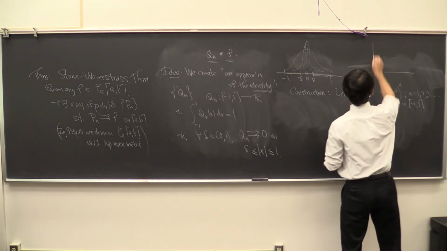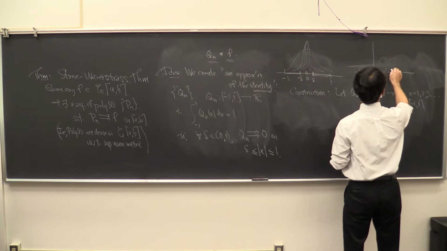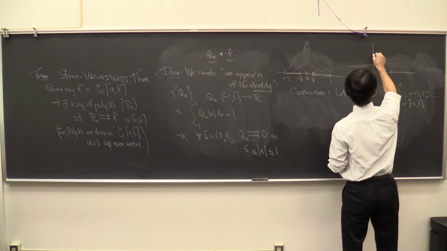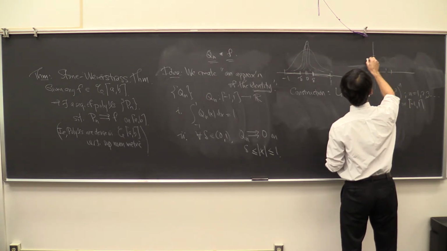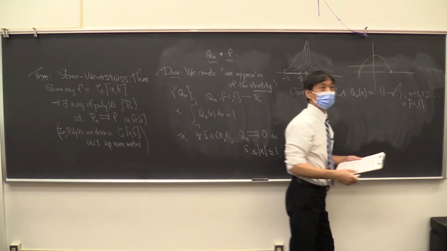So it's 1 minus x squared. It's a parabola going downwards.